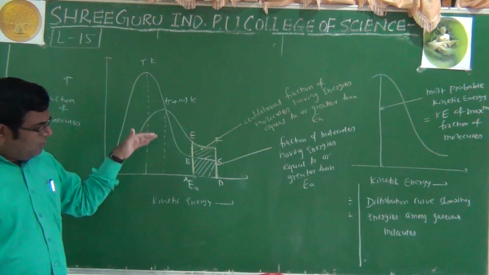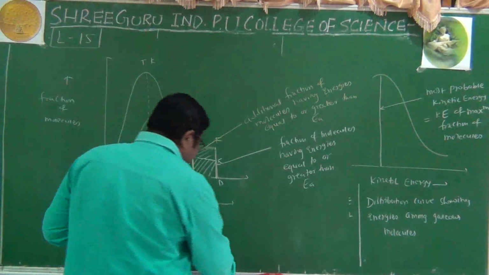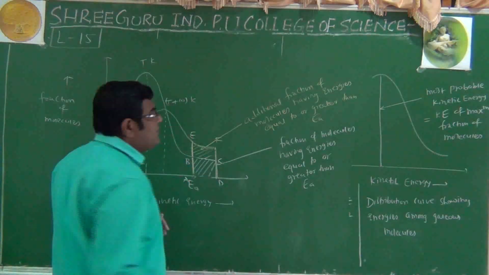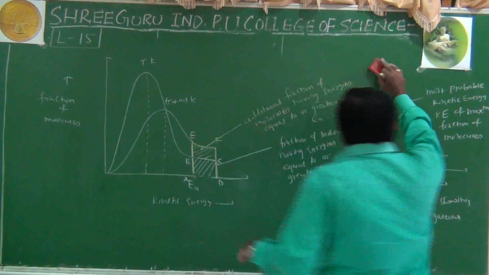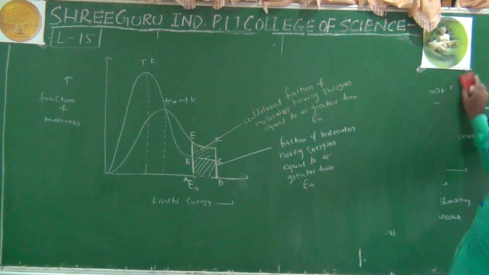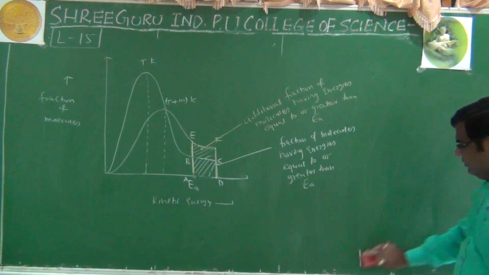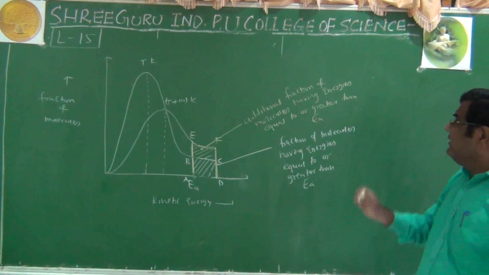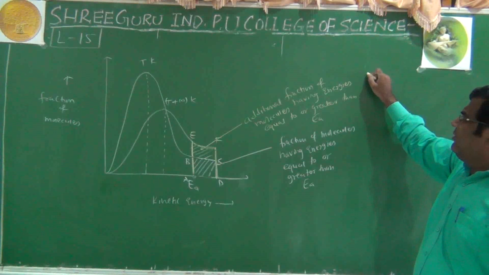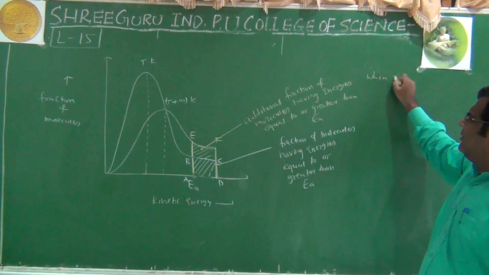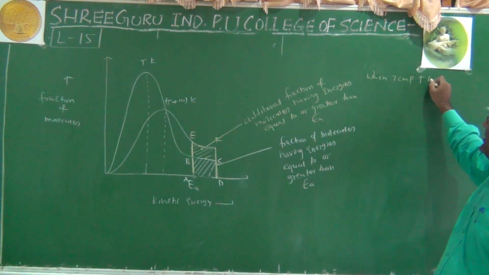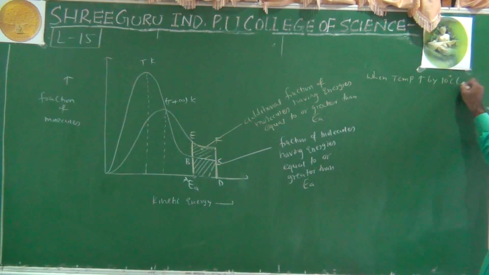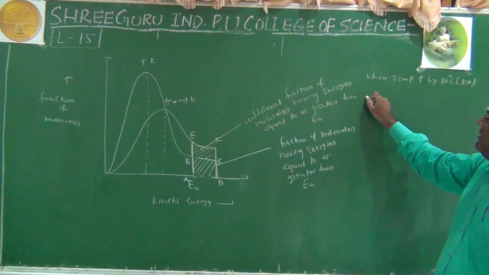So when we plot this graph, we have to mention 2-3 sentences here because you have to write it for 2 marks. That's why we should be able to represent this. First you have to draw this diagram neatly, and what we have to say is, when temperature increases by 10 degrees Celsius, which is nothing but equal to 10 K, 3 things happen.